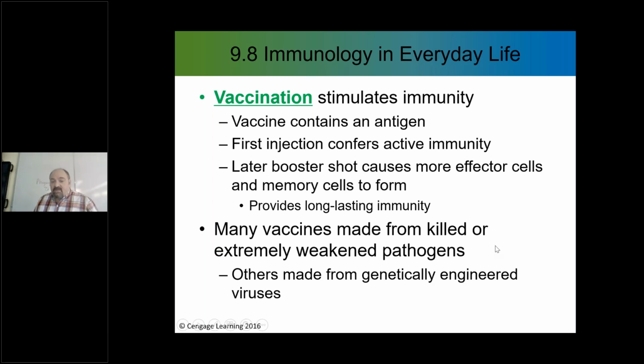And you'll see here also that the different viruses and bacterium that can make you sick are either dead or very severely weakened in the vaccine so as to allow you to have an immune response once you receive that vaccine, but not make you sick, okay?